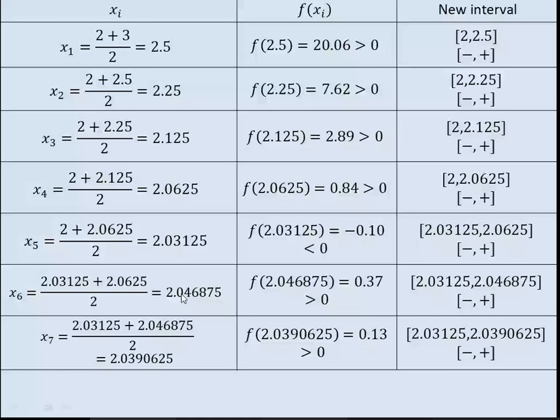So this is positive, so replace the positive value by this new root. Okay, so this is positive, so replacing this term by the new term. And now take half of this.